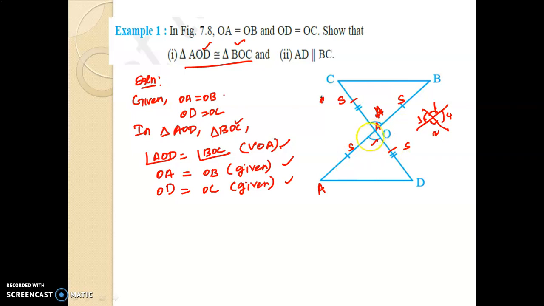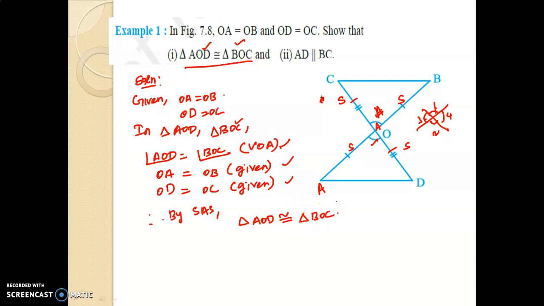Two sides and the angle between them are the same. Therefore, by the SAS criteria, that is the first criteria, triangle AOD is congruent to triangle BOC.